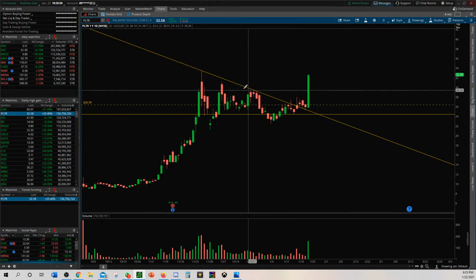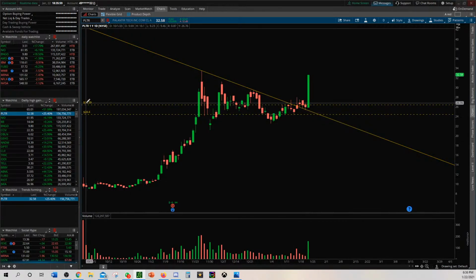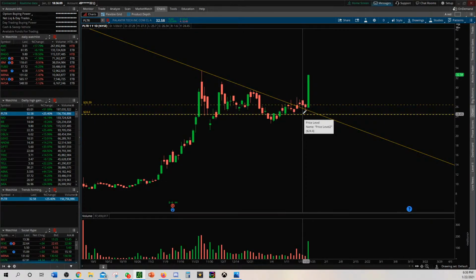It broke out in this area, there's a trend break, and I want to get in this area. My stop loss is 24.40 and my entry is 26.39. This is where I'm entering, right? So I need to calculate how many shares I should buy here, so that if it goes down and hits my stop loss, I do not lose more than $100 in a trade.